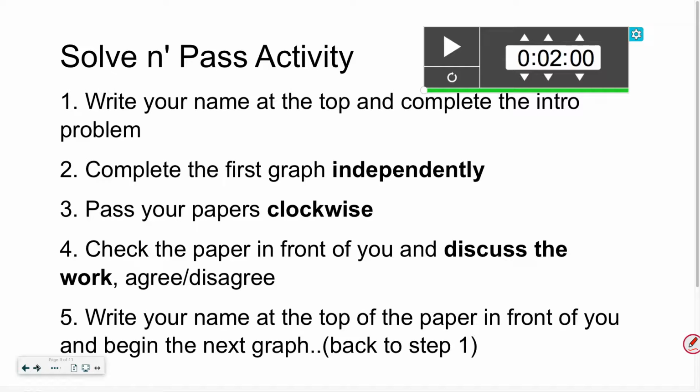Okay, so take a look at the paper as it is being handed out, so Ms. Kay can explain to you. The very first thing you want to do is write your name. You'll see there's 3 spots. You're gonna write your name on the very top.